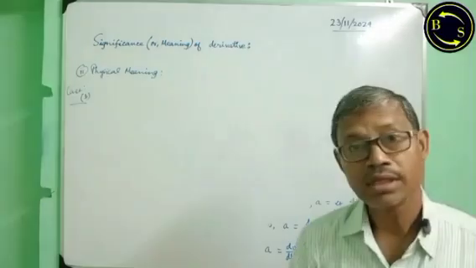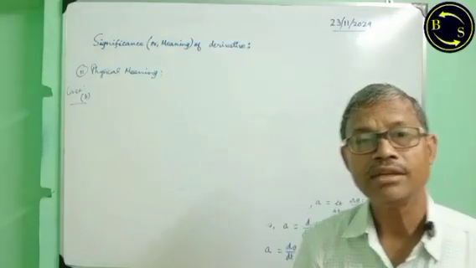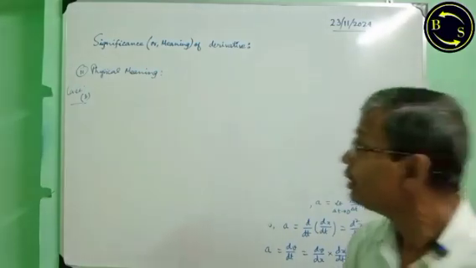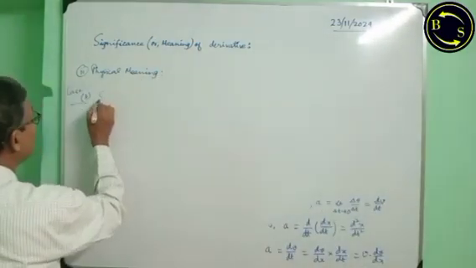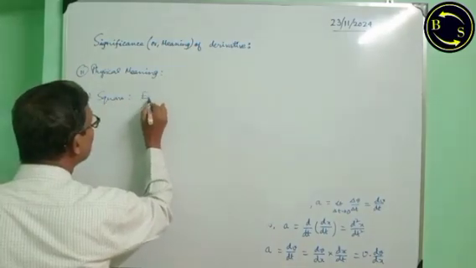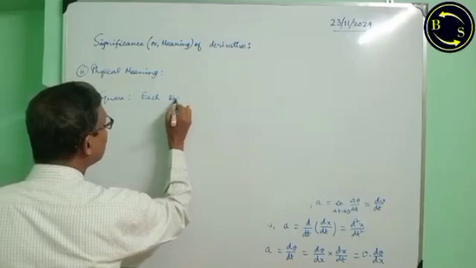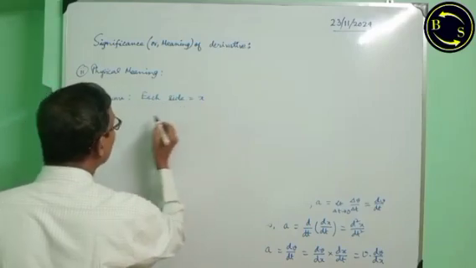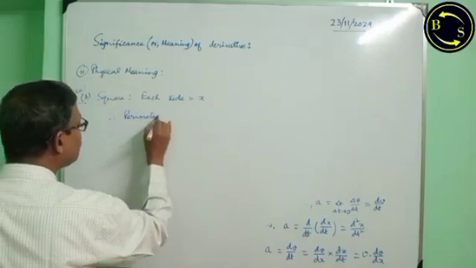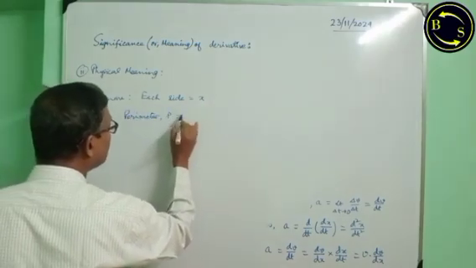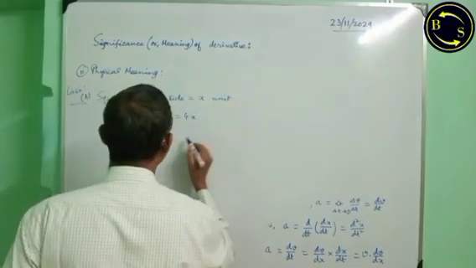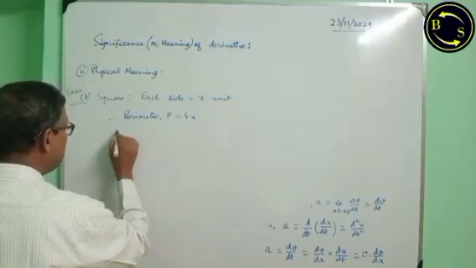When we consider a square, let each side be x, then therefore perimeter, unit, area.